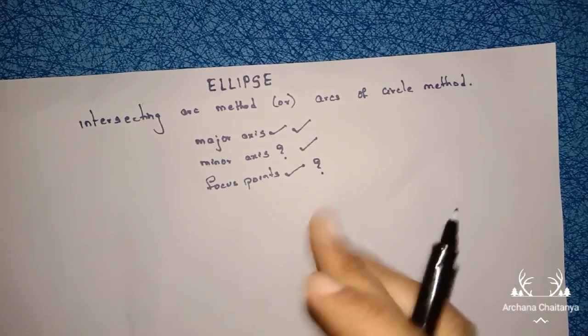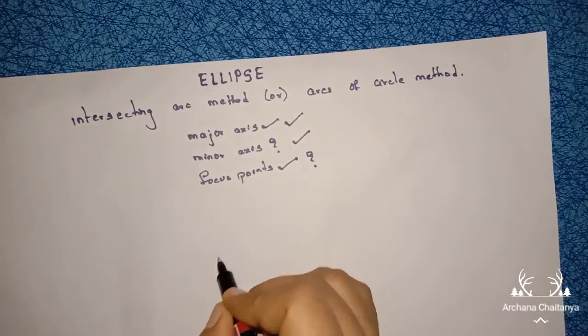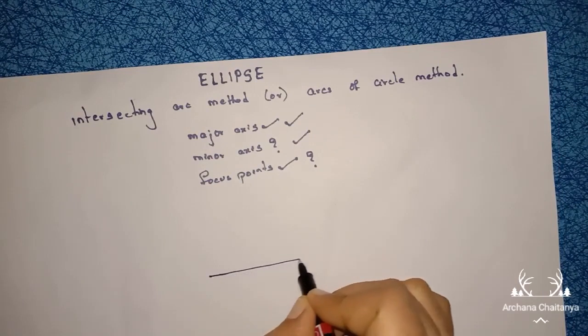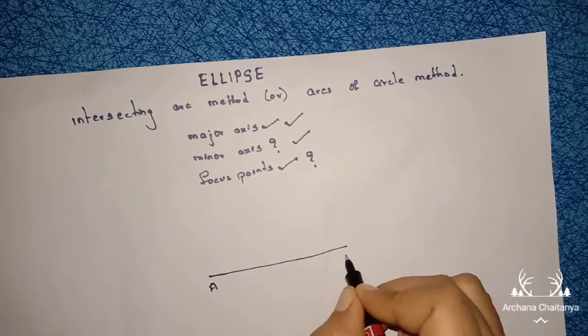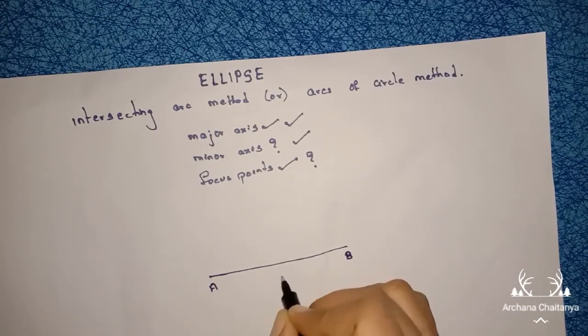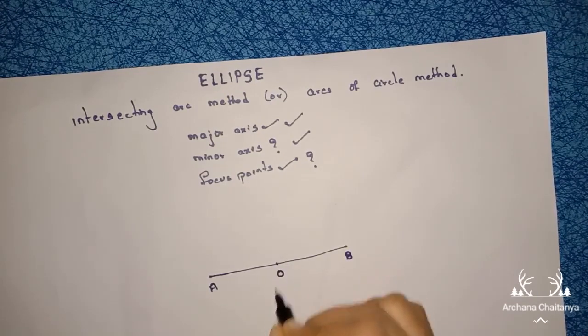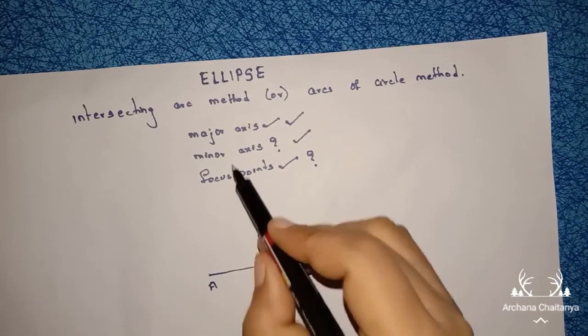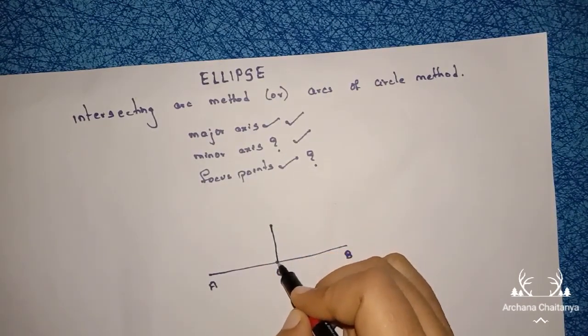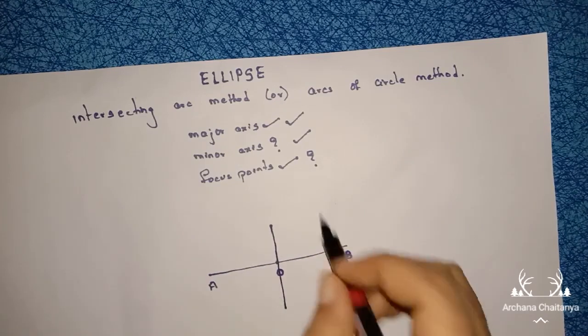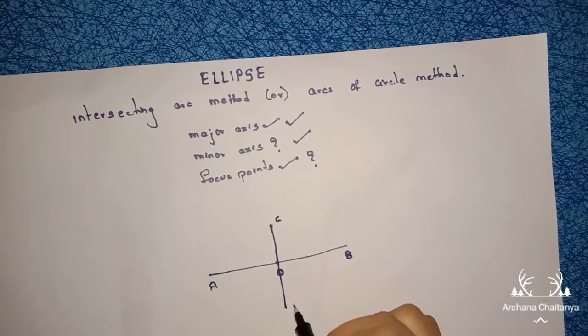Now you see how the intersecting arc method will be. The major axis will be there, so name it AB, and the midpoint is O. Next is the minor axis. The minor axis length is always very small compared to the major axis, so name it CD. And next, the focus points.